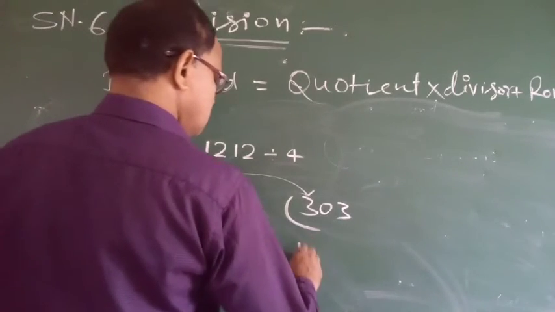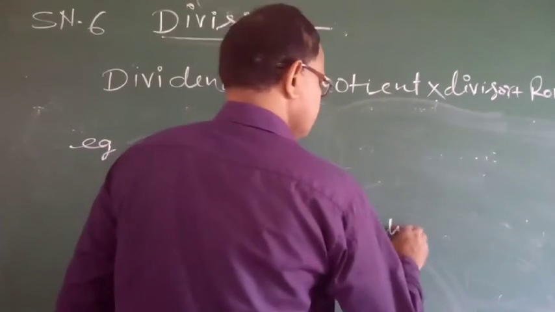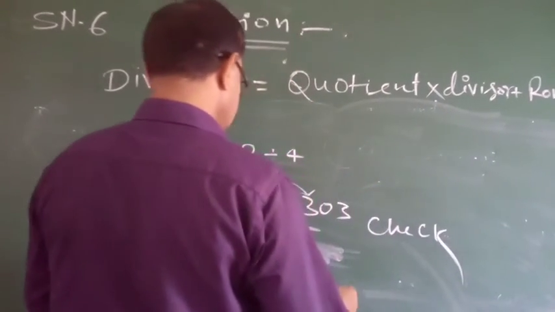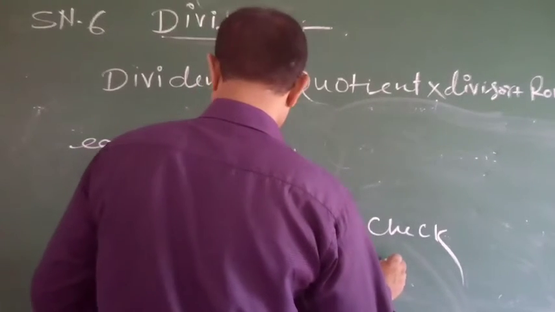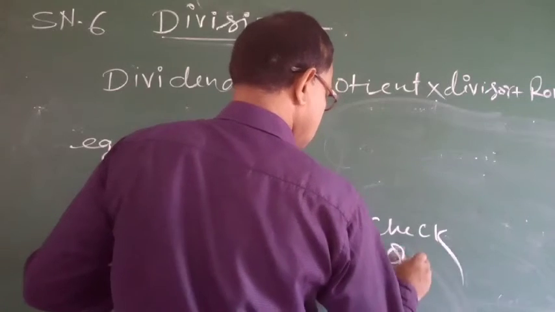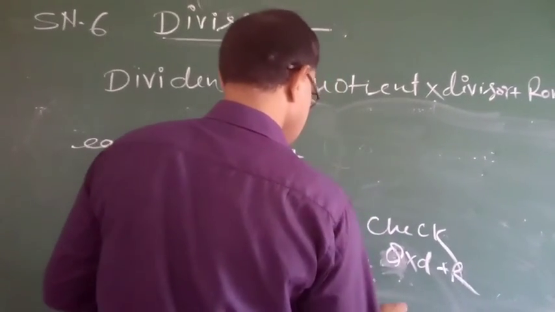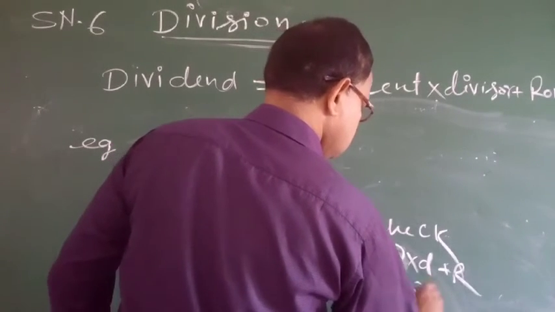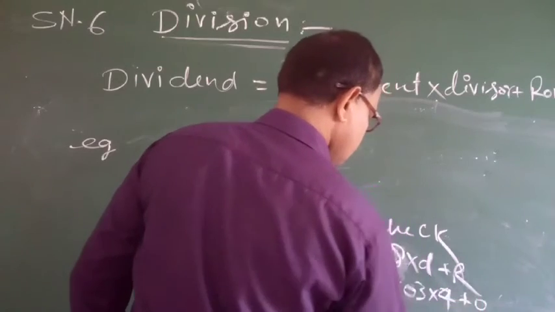Okay, then if you multiply in this, you get the dividend. Here check it. Dividend is equal to quotient into divisor plus remainder. Here 303 into 4 plus 0.